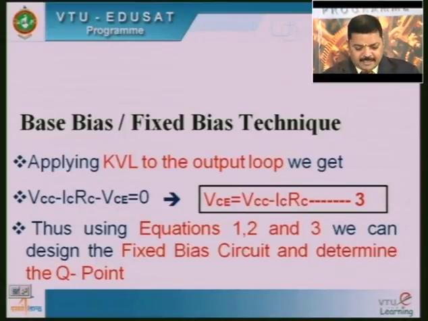As I showed here in the PPTs, applying KVL to the output loop, we get VCC minus IC RC minus VCE equal to 0, which gives us VCE equal to VCC minus IC into RC. As IC is constant, RC is constant and VCC is also constant, equation 3 gives VCE equal to VCC minus IC RC, therefore VCE is also constant.